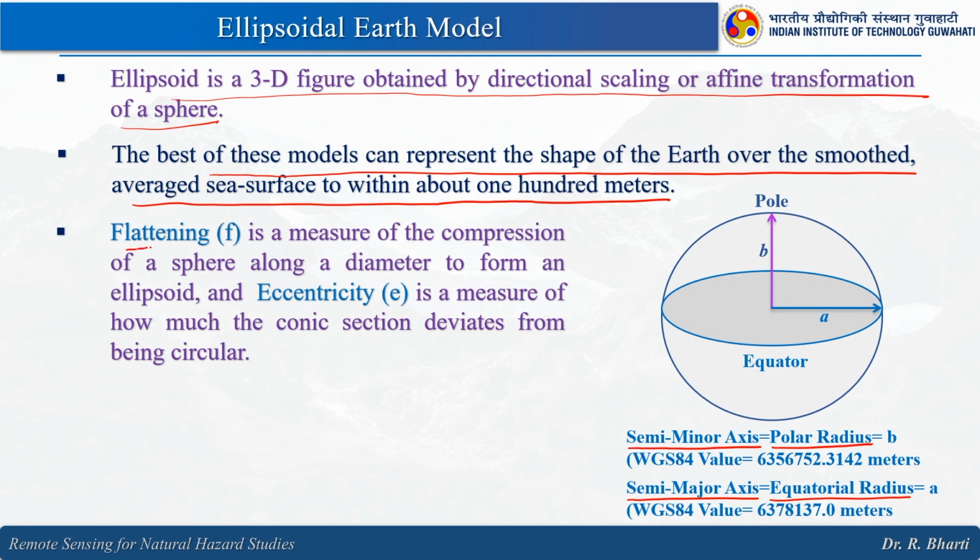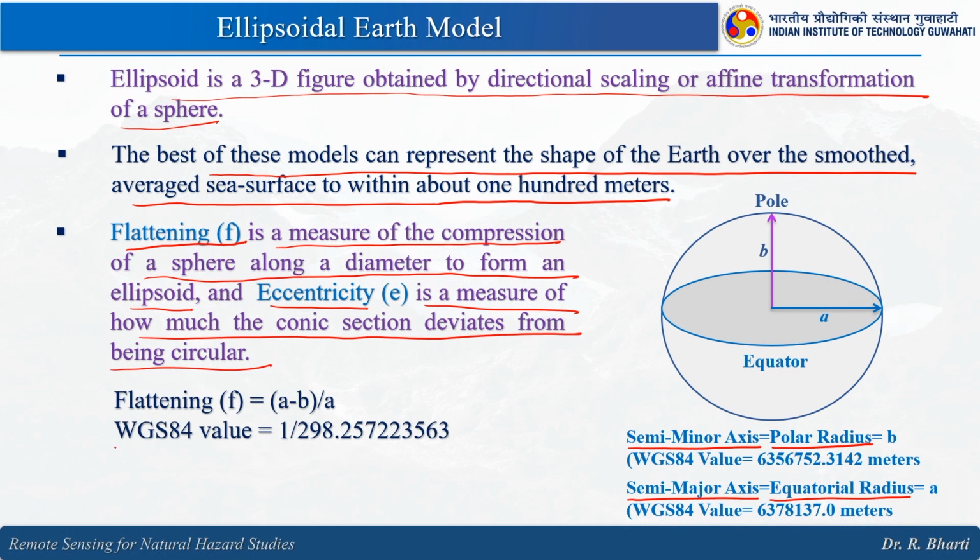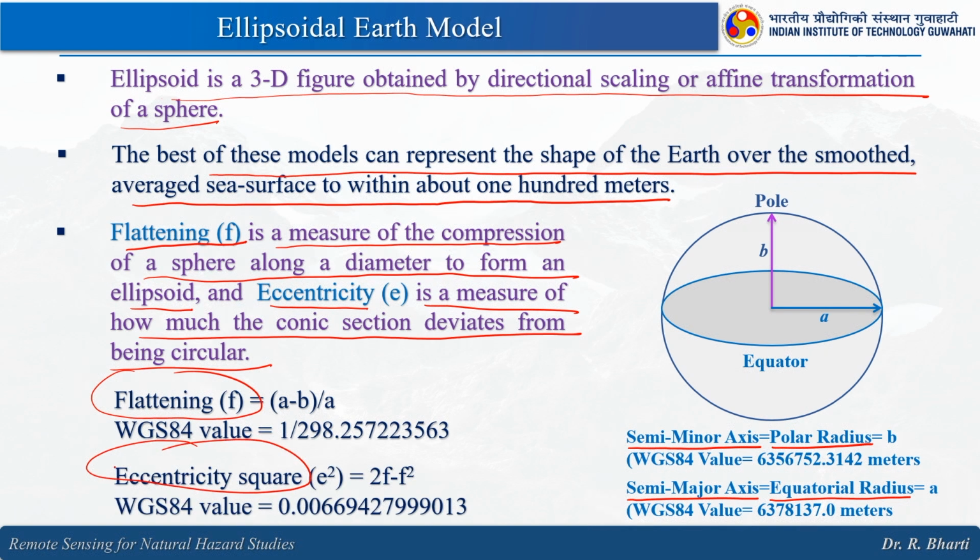Now, this flattening F is very important, a measure of the compression of a sphere along a diameter to form an ellipsoid, and the eccentricity is a measure of how much the conic section deviates from being circular. So, we calculate the flattening and the eccentricity, right.